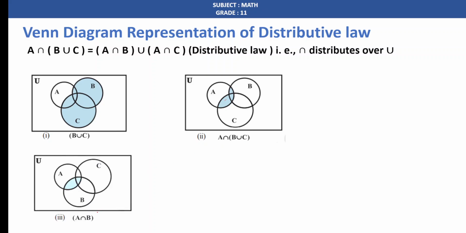Third one, here A on the left side, and on the right side, that is A intersection B union A intersection C. So here A intersection B is what is common for A and B. This is the shaded part here.